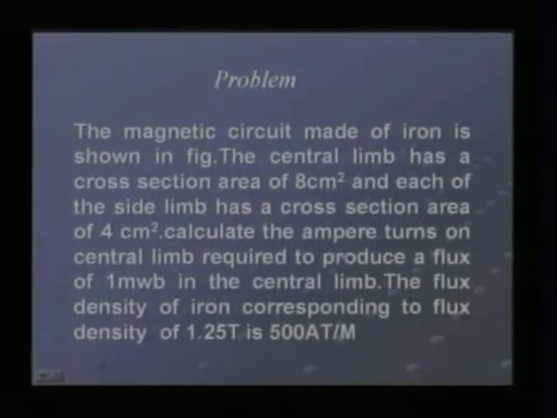Calculate the ampere turns on the central limb required to produce a flux of 1 milliweber in the central limb. The field strength of iron corresponding to a flux density of 1.25 Tesla is 500 ampere turns per meter.